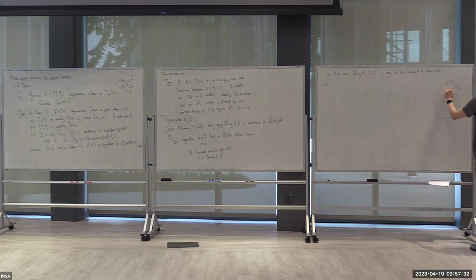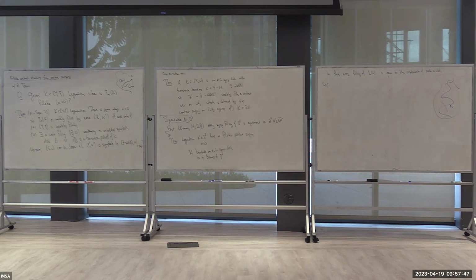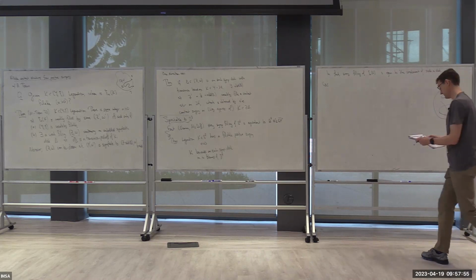But the point is that the local form is negative definite. So any symplectic filling of a positive contact surgery on S3 has to be negative definite.